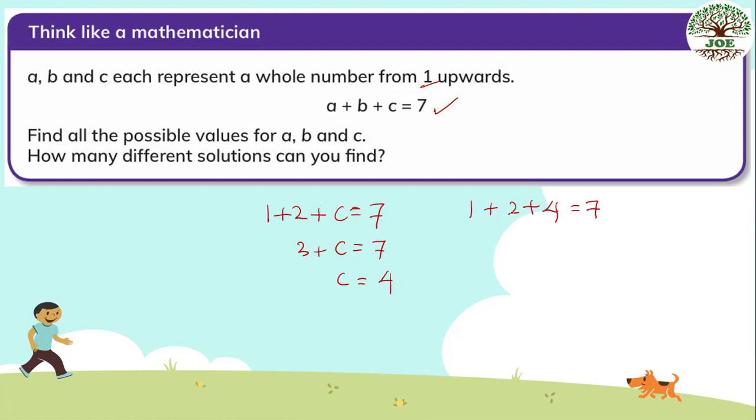Or 1 plus 1 plus 5 is also 7. This is A plus B plus C. So 2 plus 1 plus 4 is also 7. And 1 plus 3 plus 3 equals 7. This way we can find different solutions for the sum of A plus B plus C equals 7.